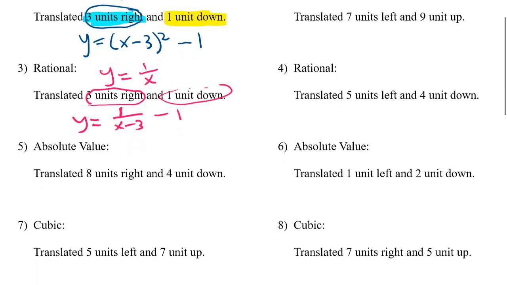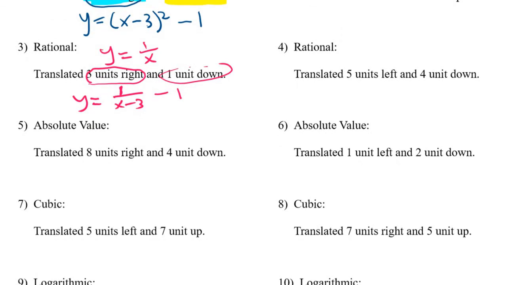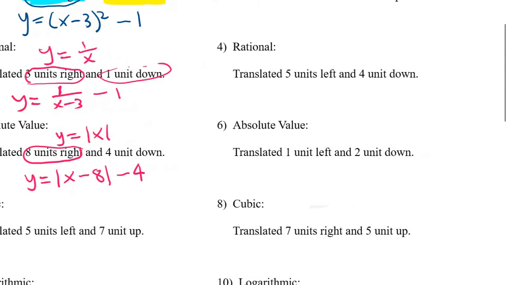Let's do one for absolute value. The parent function for absolute value is y equals absolute value of x. If I'm going to go 8 units to the right, I'm going to change the input. So it will be y equals absolute value of x minus 8 going to the right, and then minus 4 down. Let's do number 6 that way.